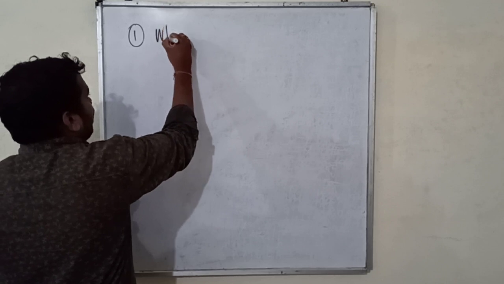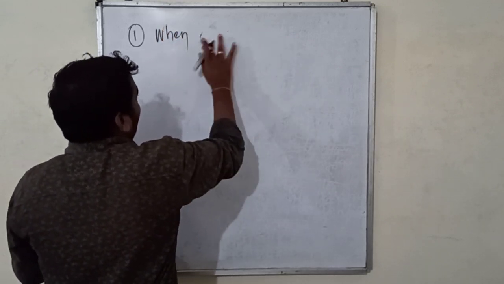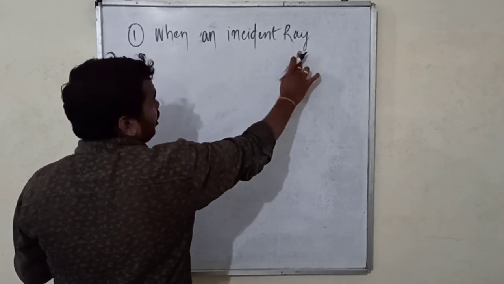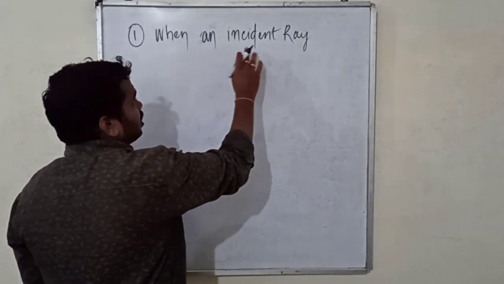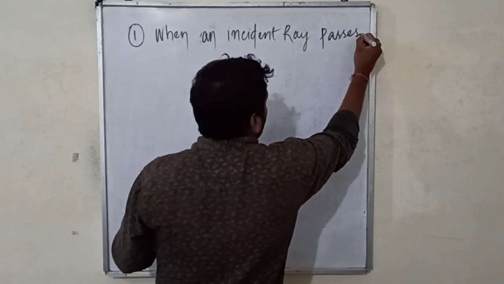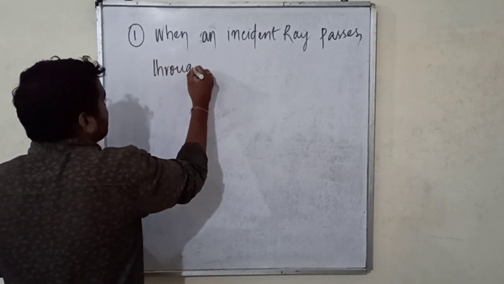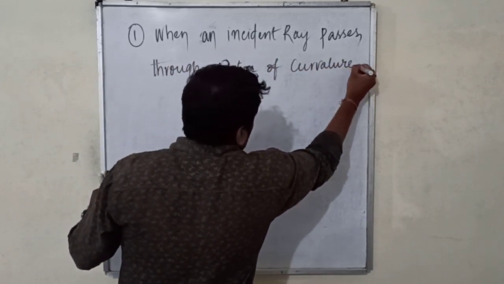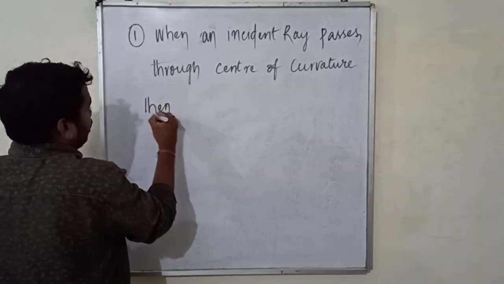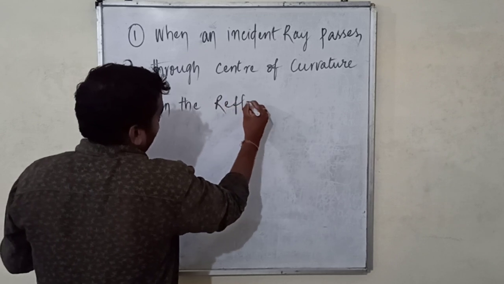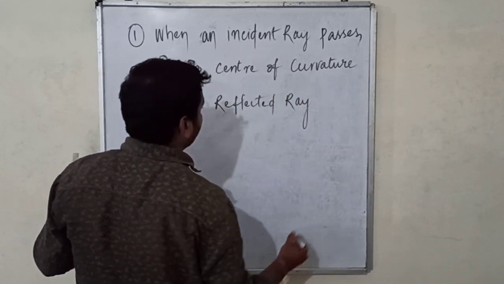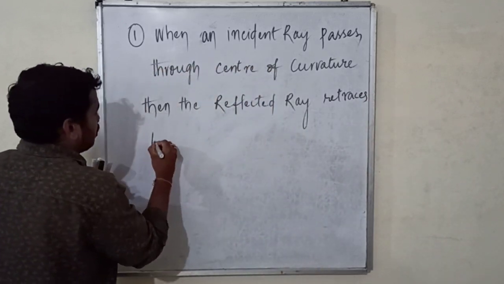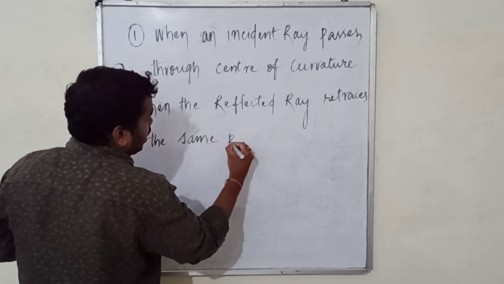First one: when an incident ray, from next onwards I will be abbreviating this incident ray as IR, when an incident ray passes through the center of curvature, then the reflected ray retraces the same path.